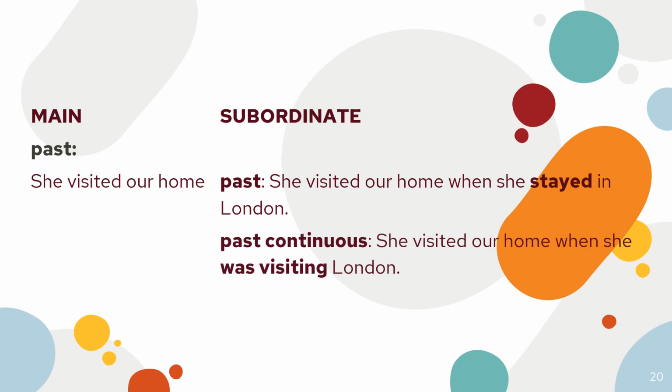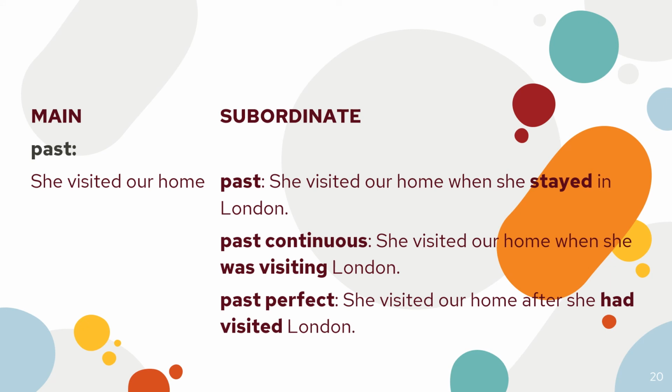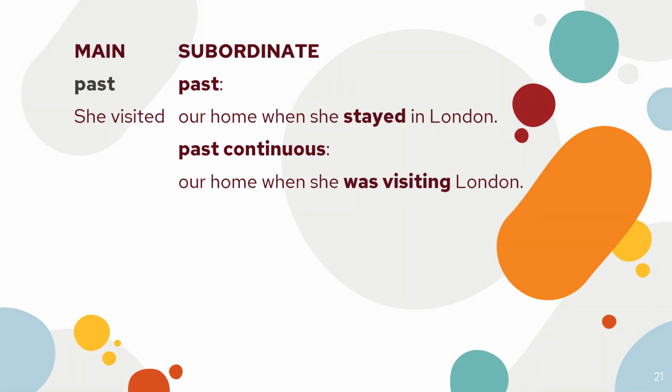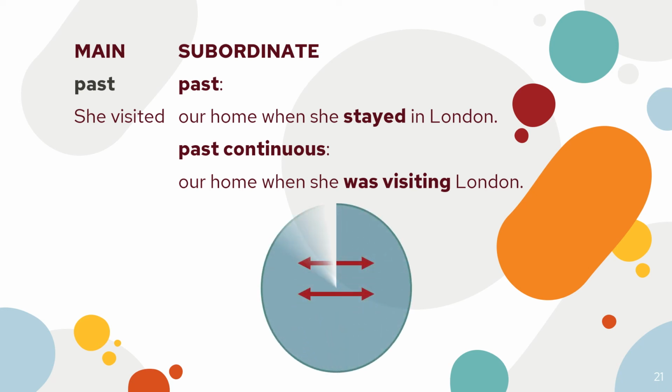It can be in the past continuous. She visited our home when she was visiting London. It can also be in the past perfect. She visited our home after she had visited London. If the subordinate clause is in the past tense or the past continuous tense, then it means the actions were simultaneous.